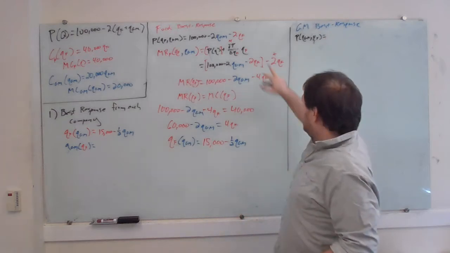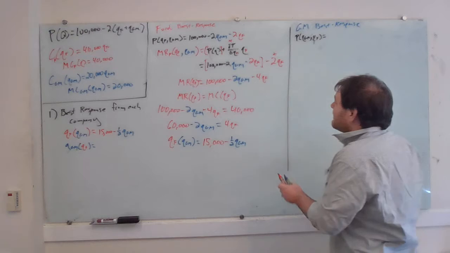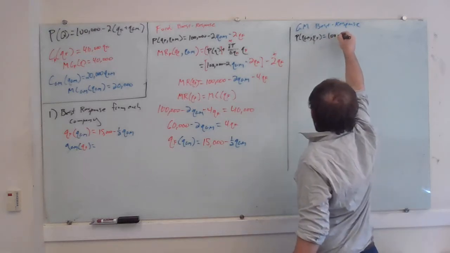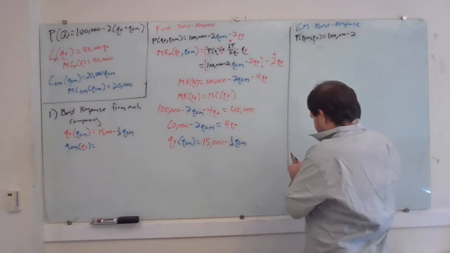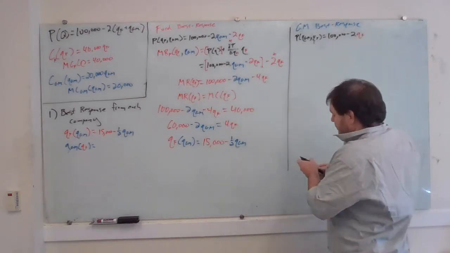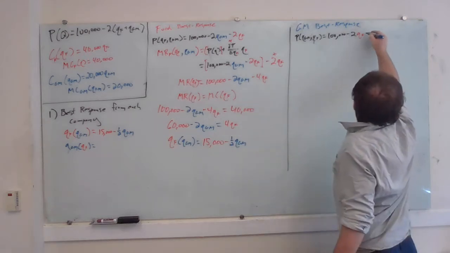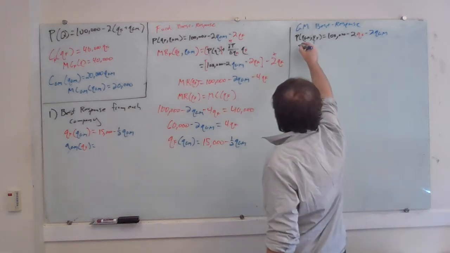Now I'm going to rewrite it to have GM last, to show that Ford is being taken as a given. So it'll be 100,000 minus 2 QF minus 2 QGM.